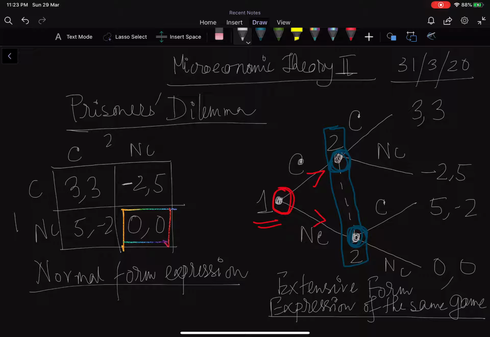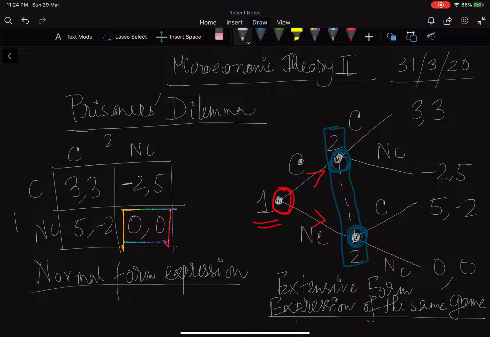Okay, so the same prisoner's dilemma game we can express using extensive form by using this dotted line to signify that player 2 doesn't know which of all the nodes that are connected by a dotted line the player is sitting on. This set of nodes that are connected by a single dotted line is referred to as the information set.